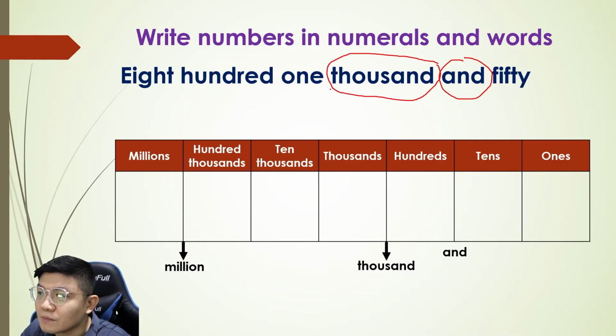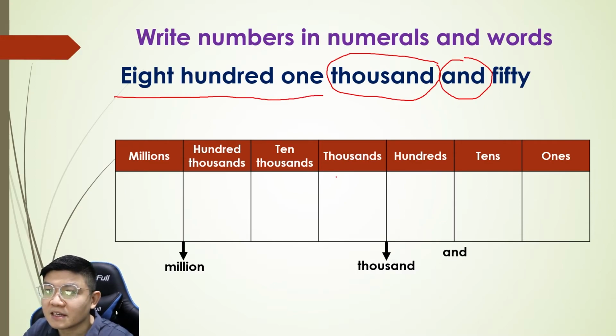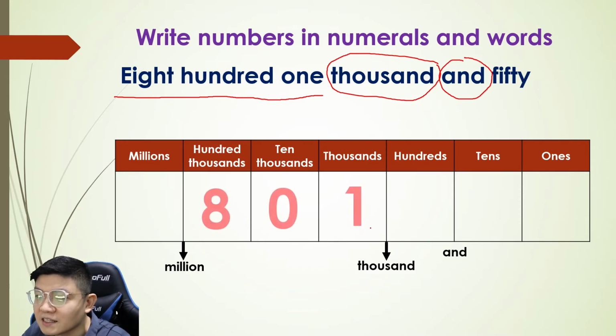So now in the gate of thousand, you see 801. So we have to put this in the place value of thousands here, because this is under thousand, right? 801. So you should be putting 801 before thousand.